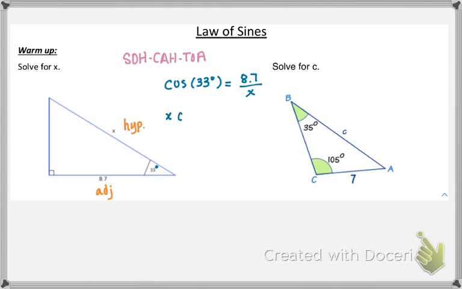So x times the cosine of 33 degrees is equal to 8.7, and then we can divide both sides by the cosine of 33 degrees to isolate that x by itself.